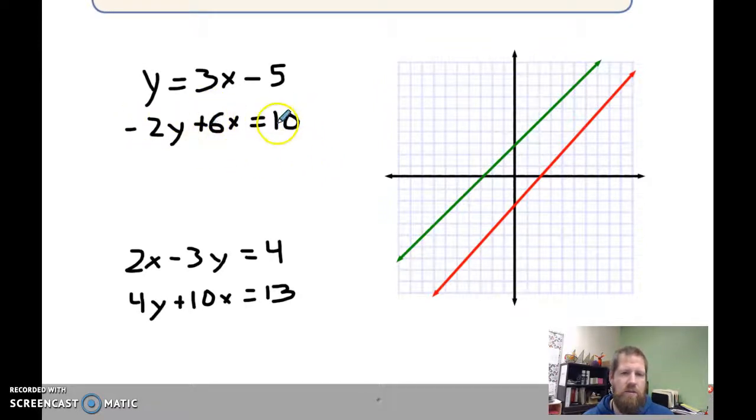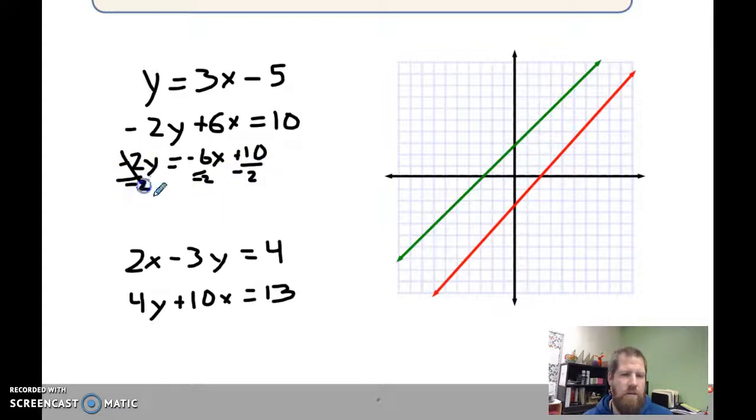In this case, I'm going to move 6x over, so I'm going to subtract 6x. So I'm going to have negative 2y is equal to a negative 6x plus 10. Divide by negative 2, divide by negative 2, divide by negative 2.